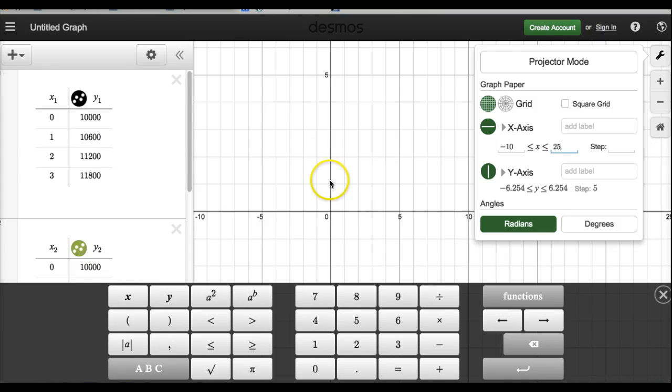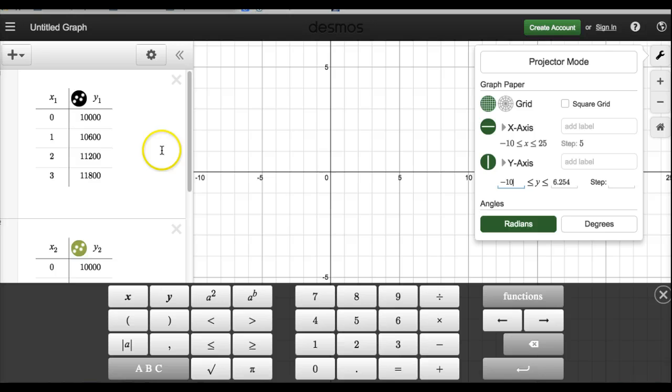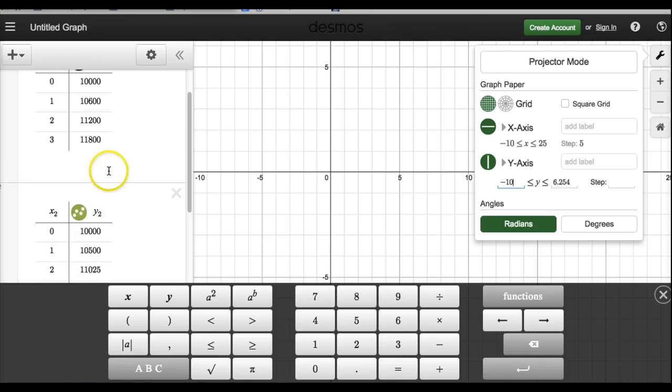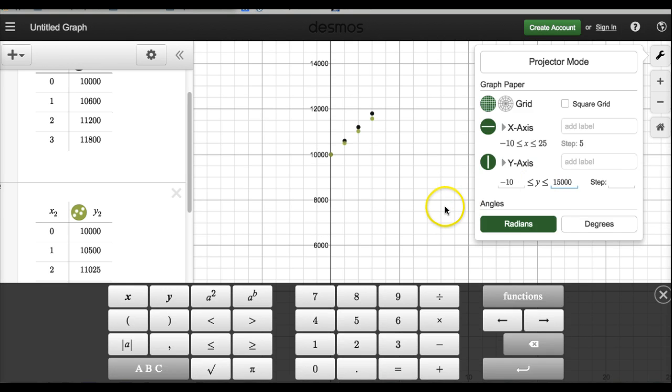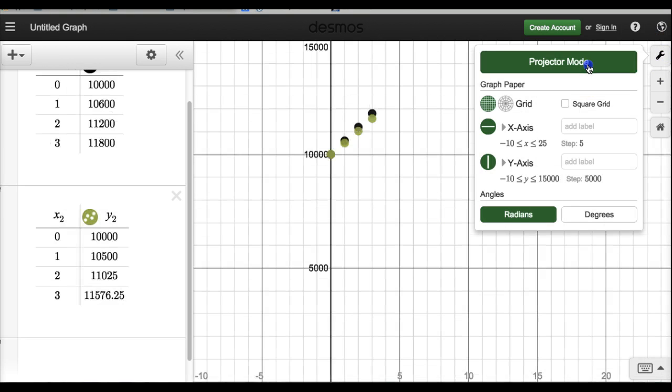And then for the y values, I'm just going to start with -10 because I always want to see the line down here. And then the y value, the biggest number that I see right now is 11,800, but I'm pretty sure it's going to get way bigger than that. So I'm just going to put 15,000. Okay, 15,000. So I just want you to see what my rationale is when I come up with the numbers.